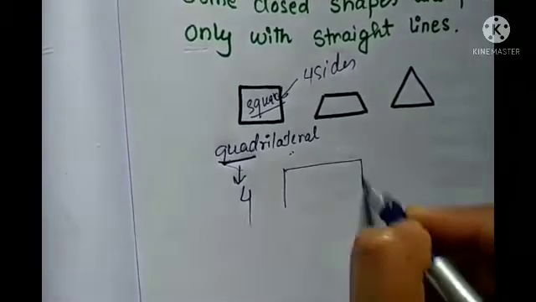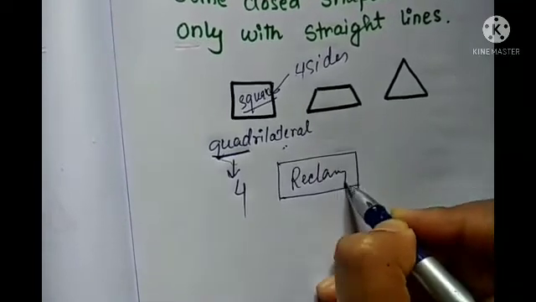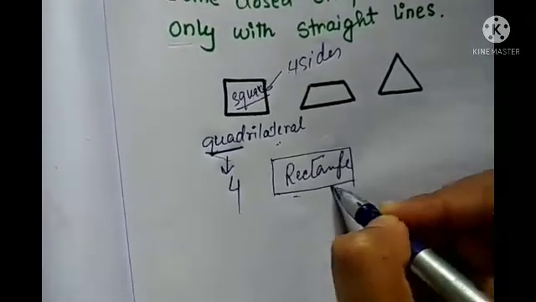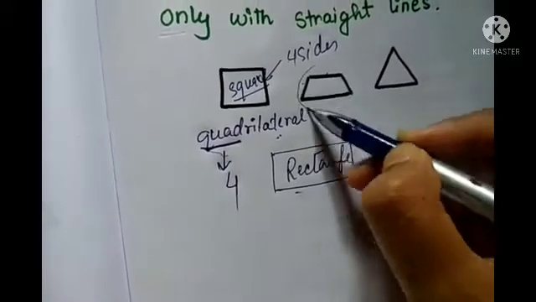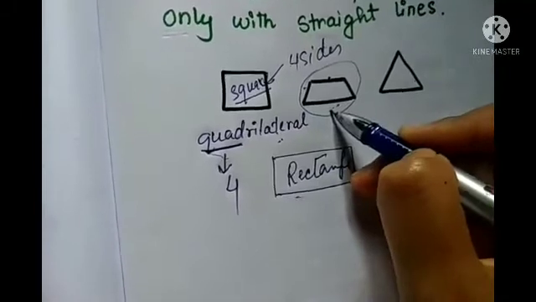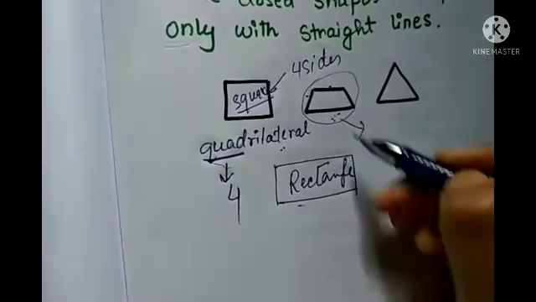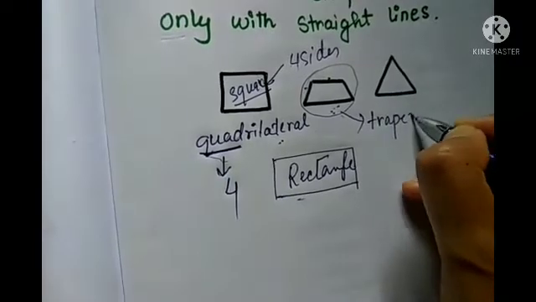Like that way, if I draw this, this is a rectangle, right? This is a rectangle, but this is also considered a quadrilateral, okay? Here you see 1, 2, 3, 4. This is also a quadrilateral because it has 4 sides, but this also has a name, that is called a trapezium.